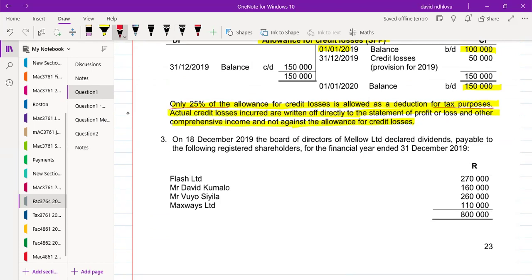But for tax purposes, only 25% of the allowance recognized by accounting is recognized by SARS. You deal with this issue of 25% when you get to your taxation module, maybe 3761, where we have what we call specific deductions, and they will give you more explanation of how you arrive at the 25. But here, for accounting purposes in this module, all we have to do is read the statement, because they will tell you that SARS only recognizes 25% of the allowance for credit losses.